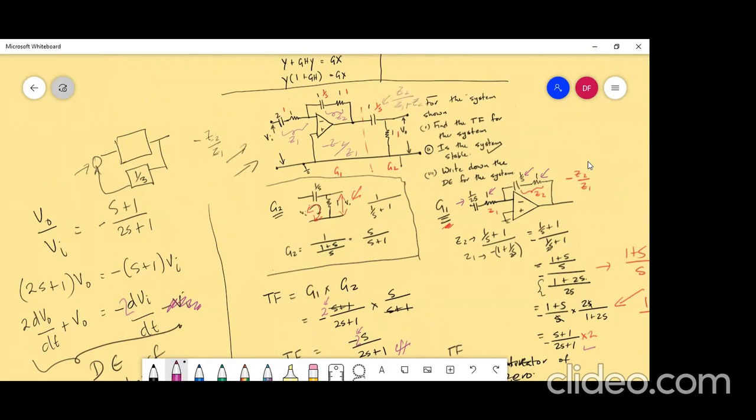You write down the Laplace transform for each circuit element before you apply either the gain for the op-amp or the voltage divider rule.